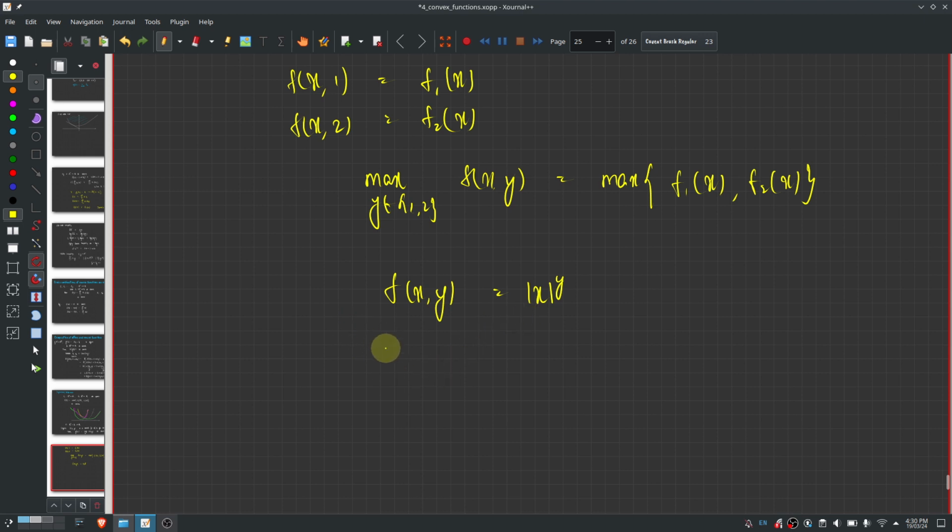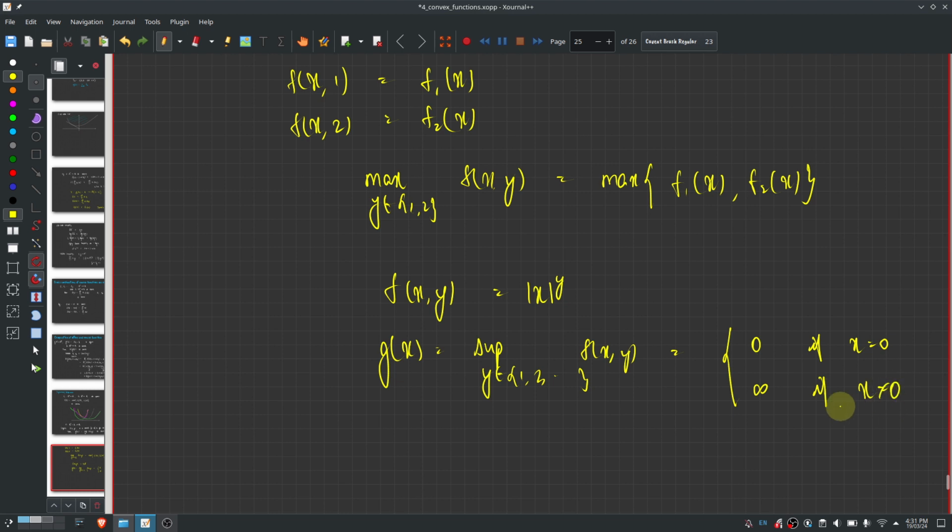So let's say g of x is equal to the supremum over all y in R, or let's say my index set could be 1, 2, 3 up to infinity, the set of all positive natural numbers, of f of x comma y. What is this equal to? This is equal to 0 if x is equal to 0, because 0 to the power anything is always equal to 0, and it's equal to plus infinity if x is not equal to 0.